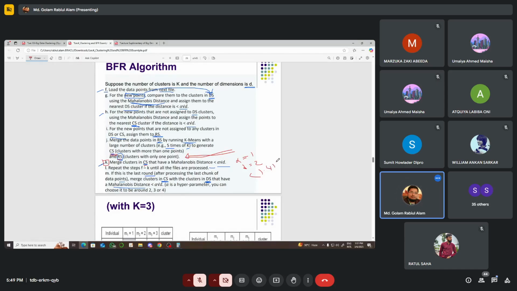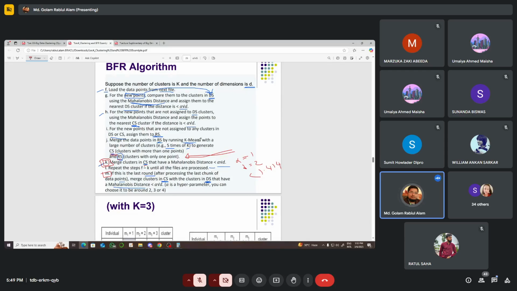So apply this operation: merge clusters of CS that have the Mahalanobis distance less than this, and finally apply the last step. No need to repeat these steps.